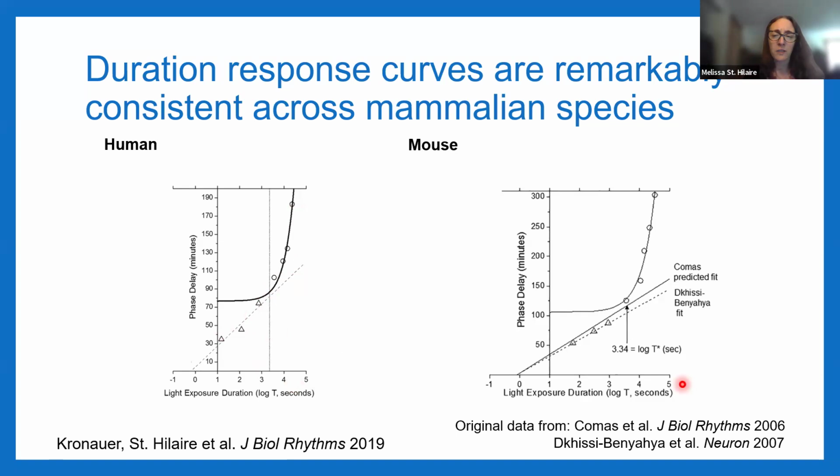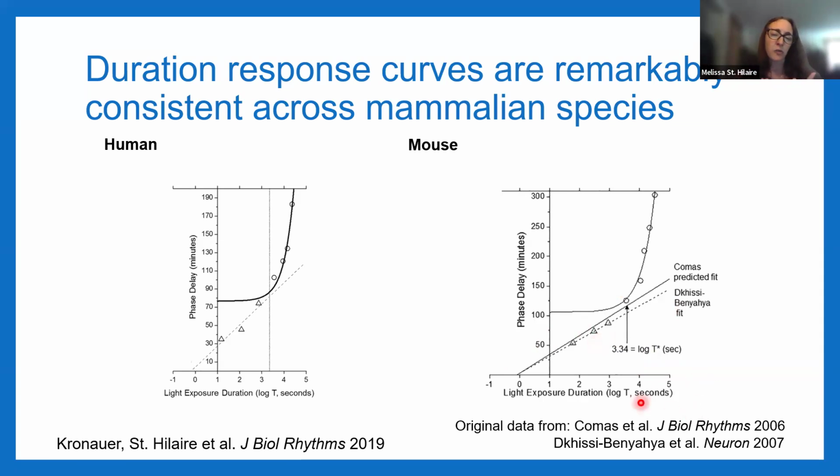And if you look across species, you can see that not only is that very well conserved across the durations, but that where we think the inflection point might be, where we think that the system might be transitioning from what we've called this fast response to this slower, more sustained response, actually ends up being right around the same spot.